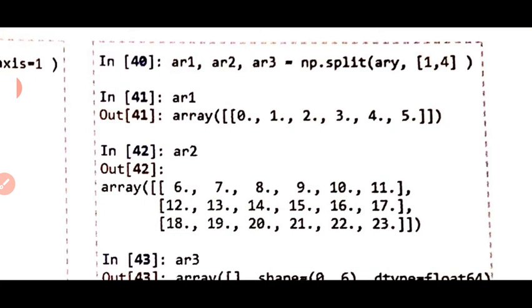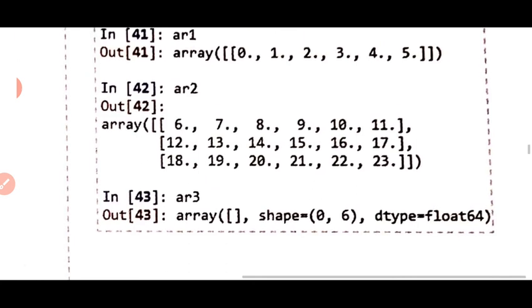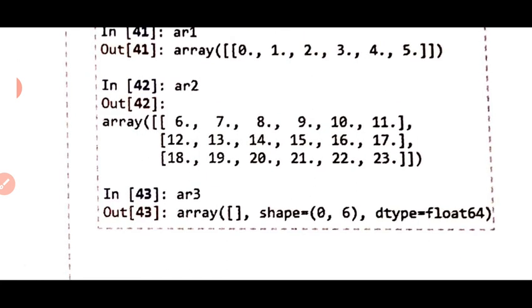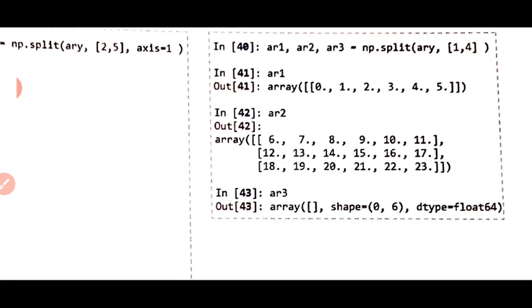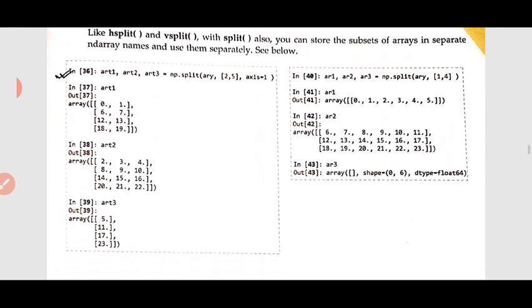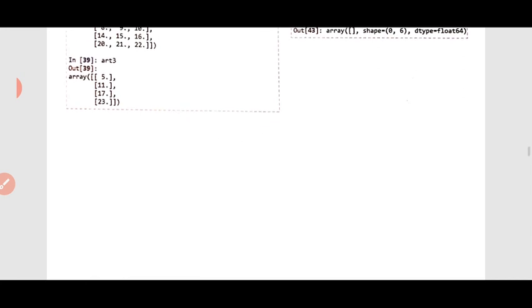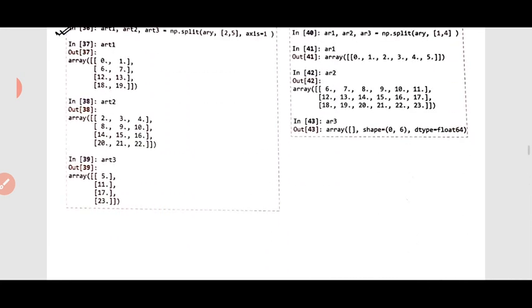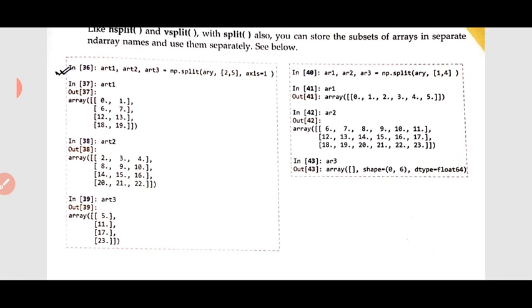So it will divide 0 to 1, 1 to 4, and 4 to last. 0 to 1 means row 0, 1 to 3 rows, and then the fourth row. As we discussed in the previous example, same here. So like this we can assign identifiers or names also to the extracted subsets.